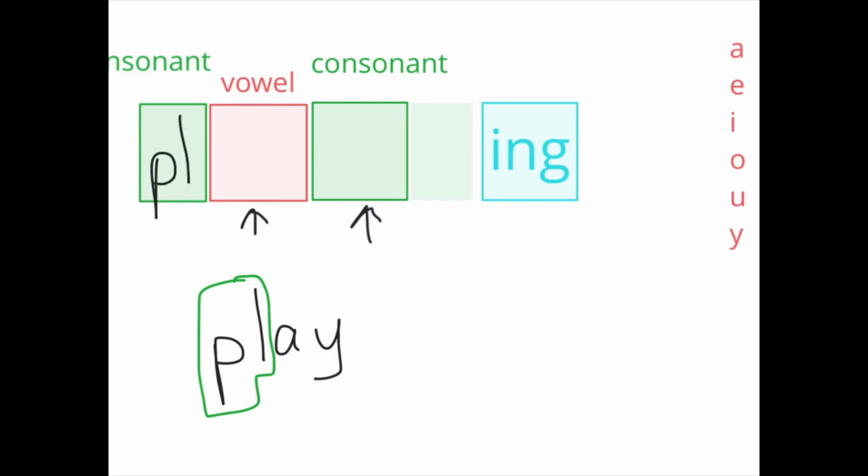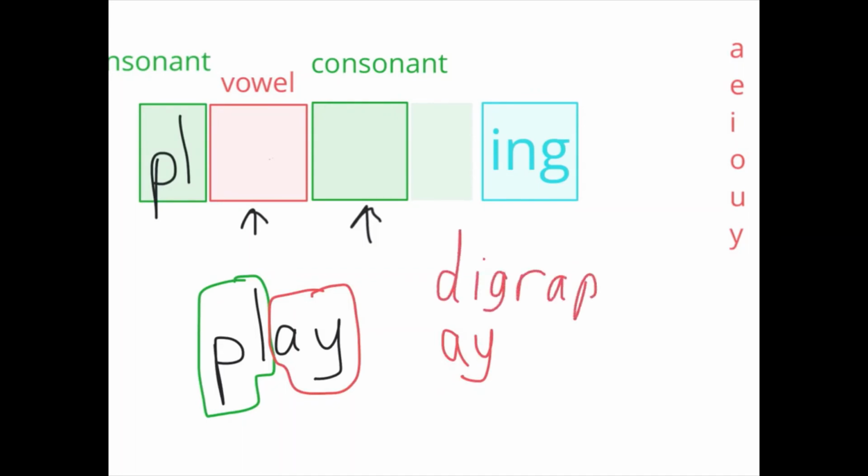Then we have to look at the AY. Do you think I should put the A here and the Y here? No, we do not want to do that. Why don't we want to do that? Because in the word play, the AY is a digraph. Remember, a digraph is when two letters make one sound. And AY says A. It's the two-letter A that may be used at the end of English words.